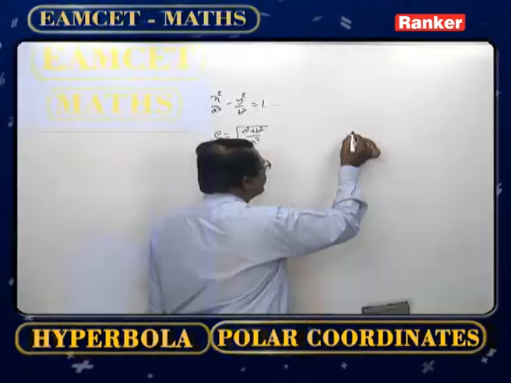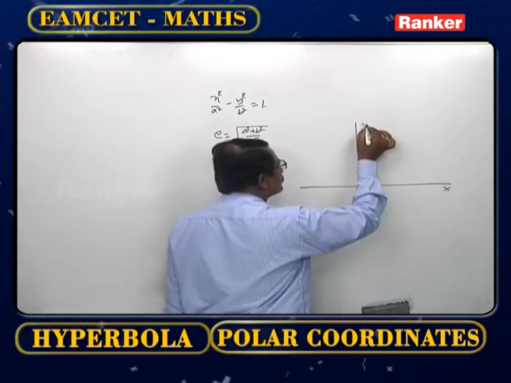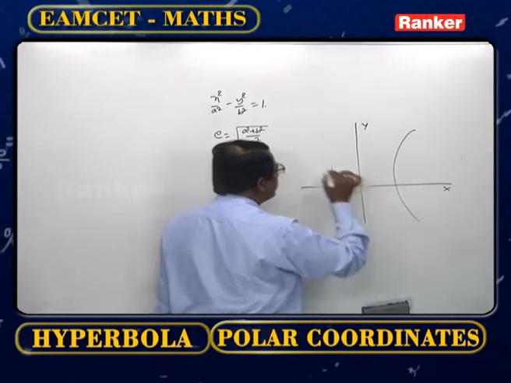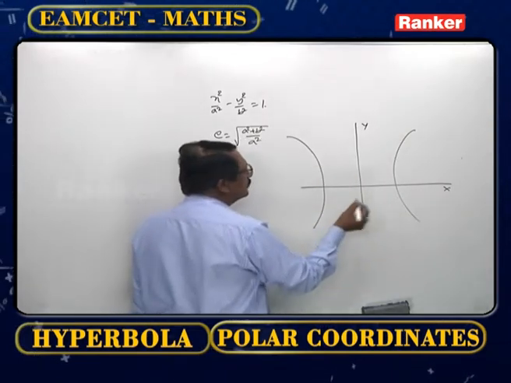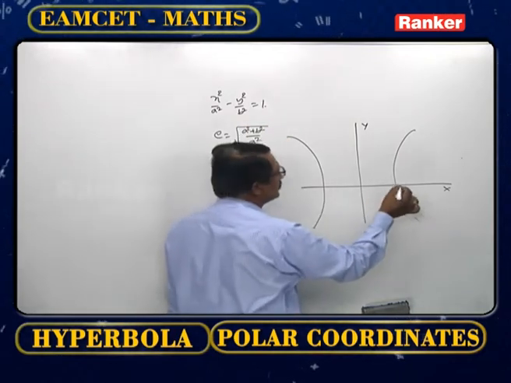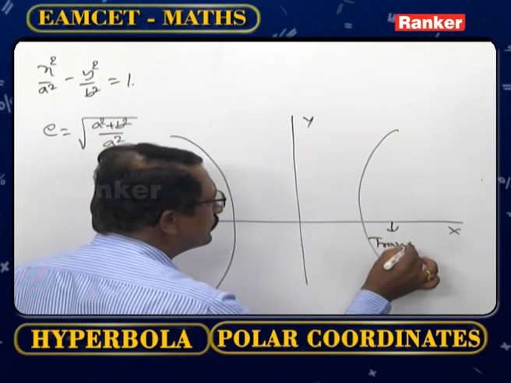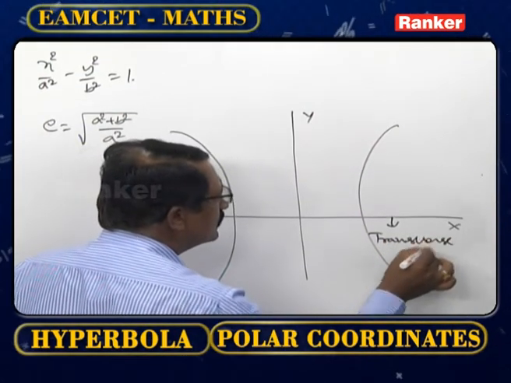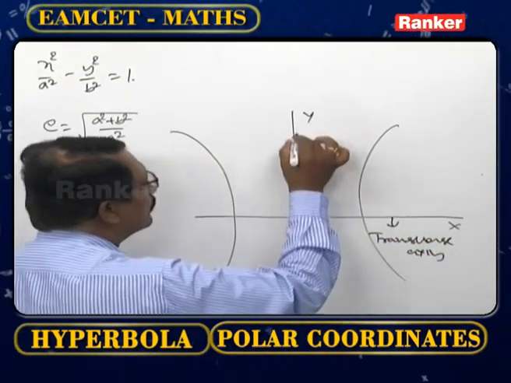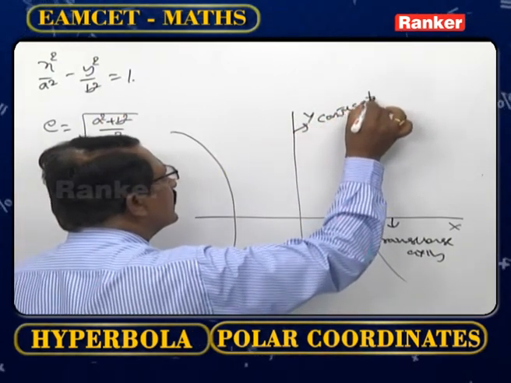Now, next, consider the x axis, the y axis, and the hyperbola. For the hyperbola x square by a square minus y square by b square equals to 1, the x axis is the transverse axis and the y axis is the conjugate axis.